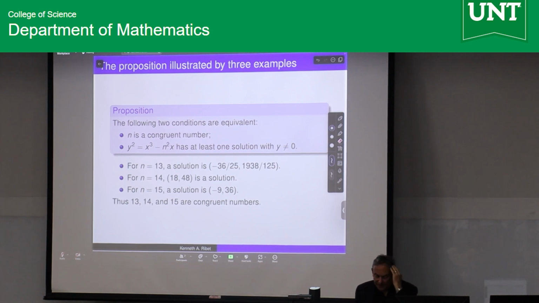In 2 of the cases, 14 and 15, you can get solutions with integer coordinates. But for 13, you have to go pretty deep, with 25 squared and 25 cubed, in order to get a solution in rational numbers.